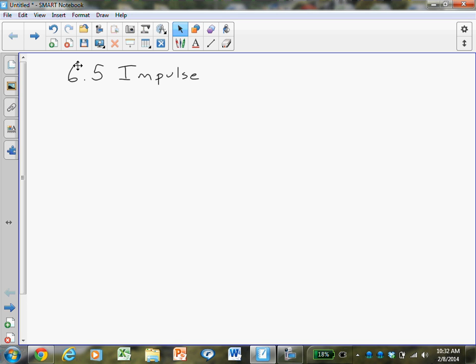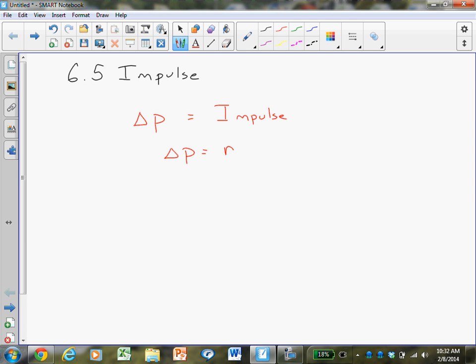And so what we call a change in momentum that an object undergoes, this delta p, is actually given a name, and that name is the impulse. Change in p is m delta v, the mass of an object times whatever change in velocity that the object underwent.